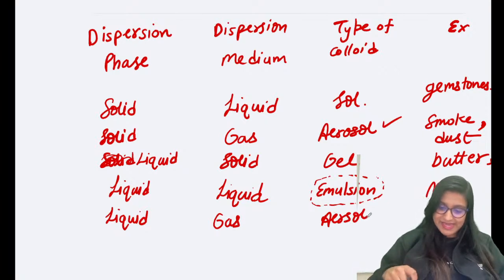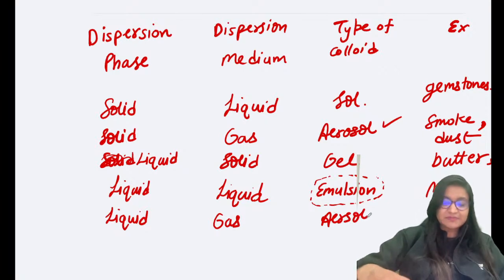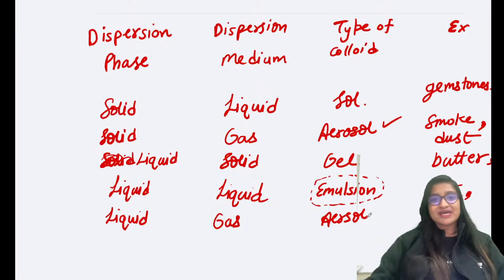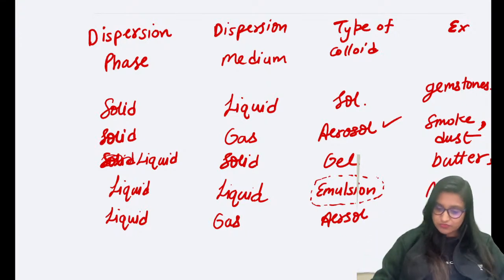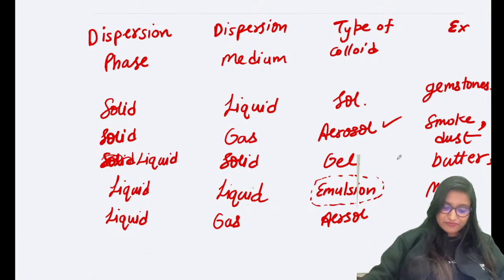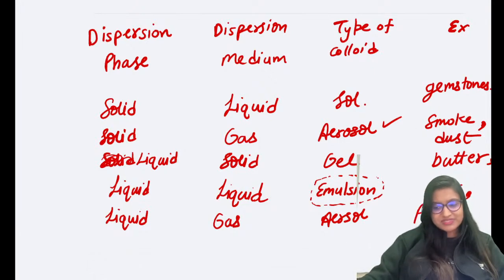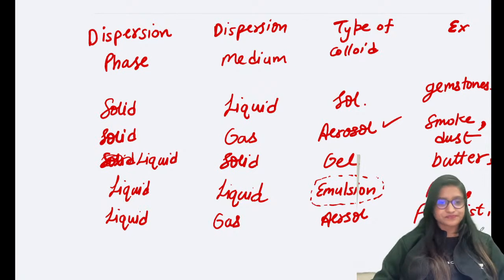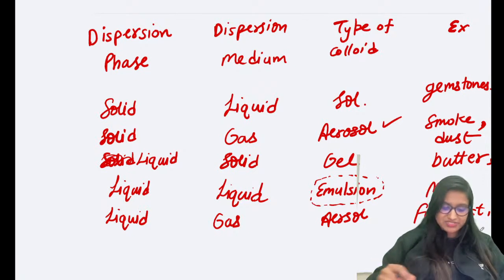When your dispersion medium is gas, it is known as aerosol. What can be the example? Fog, mist, clouds, these are the examples, okay? So is there any doubt till now? Yeah, right, exactly, Shaista, you're right.